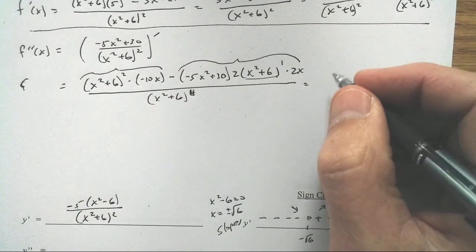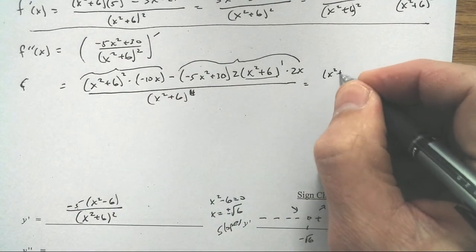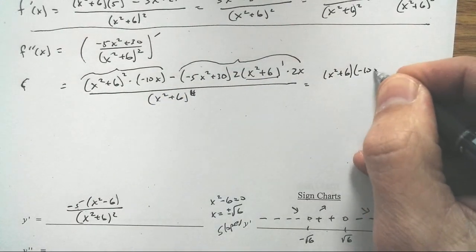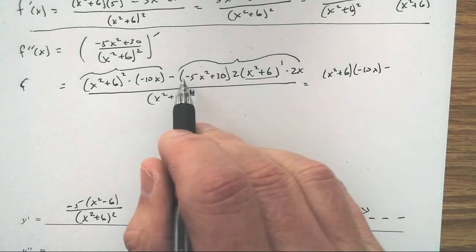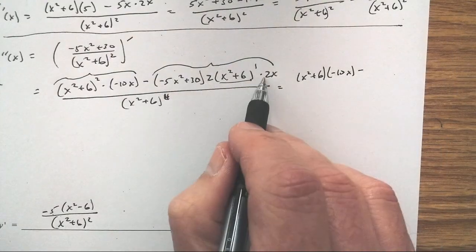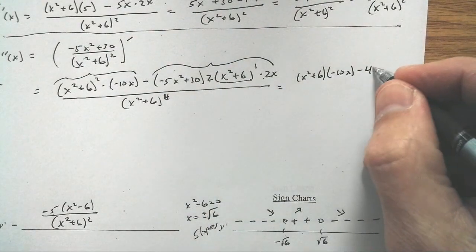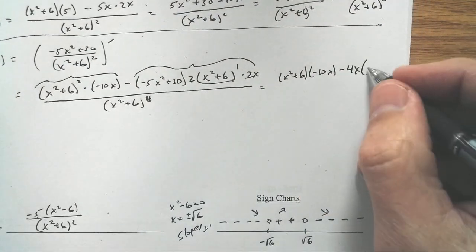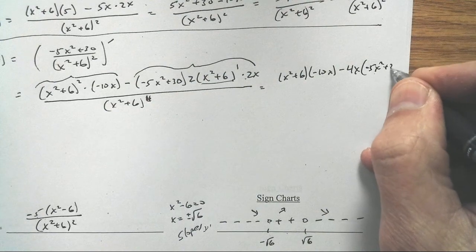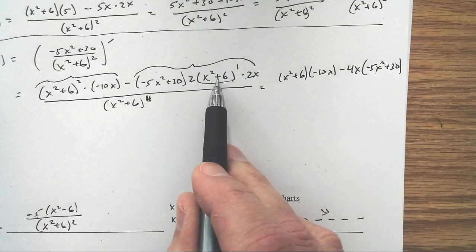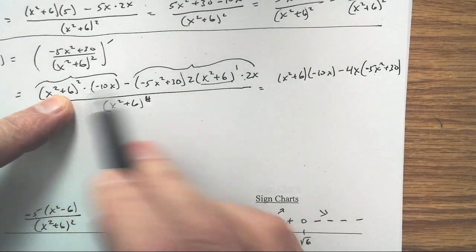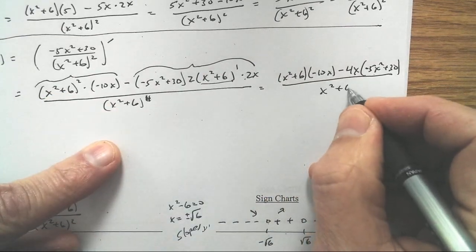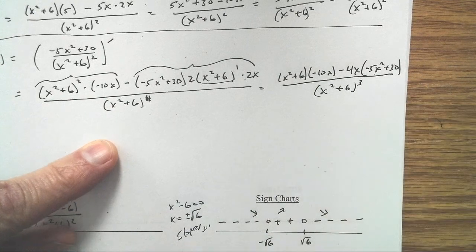So we would end up with still an x squared plus 6 here times negative 10x, minus, I think I'll put this 2 times 2x next, still have a negative 5x squared plus 30 here. But the x squared plus 6, I canceled this one with one of these, all on x squared plus 6 now to the third.